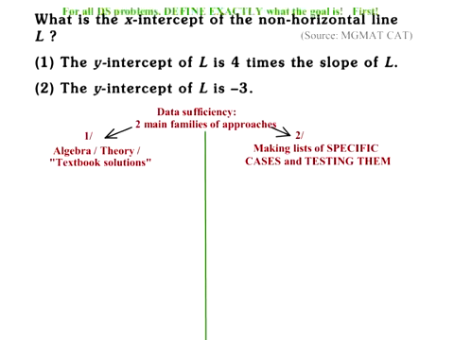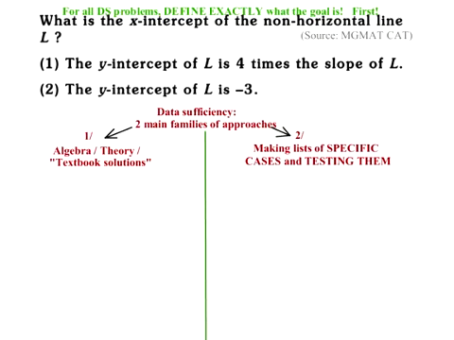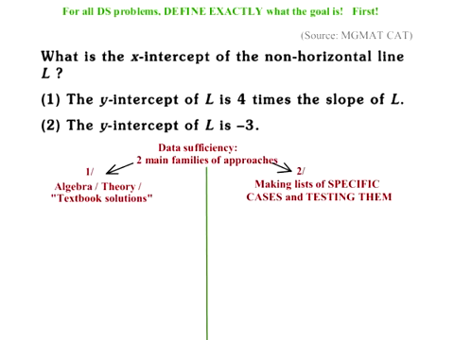In other words, don't leave it in terms of abstract concepts like sufficient and not sufficient. Make sure that you know exactly what those mean in terms of the problem at hand. So in terms of the problem here, let's move this down a little bit so that we can write that stuff.